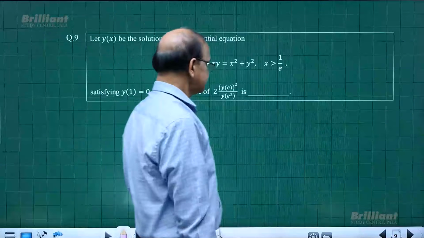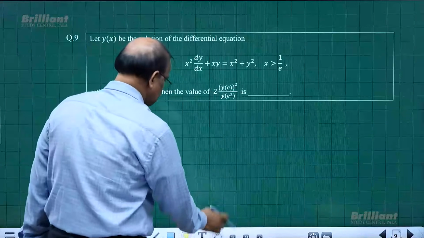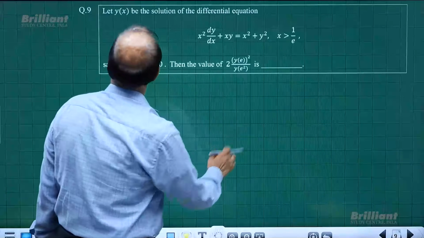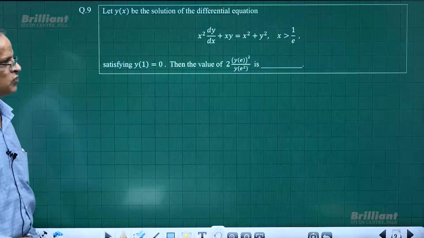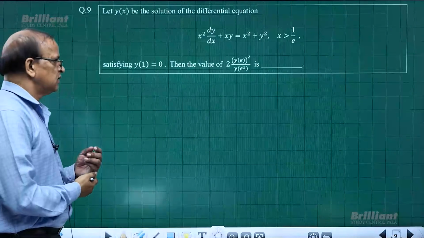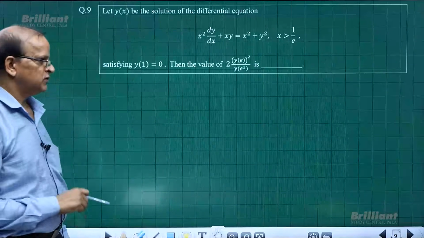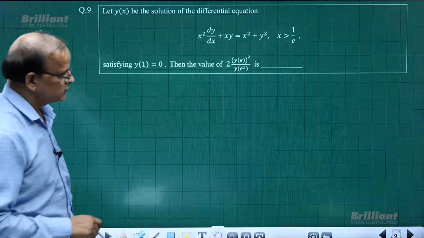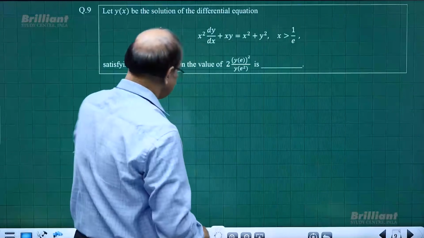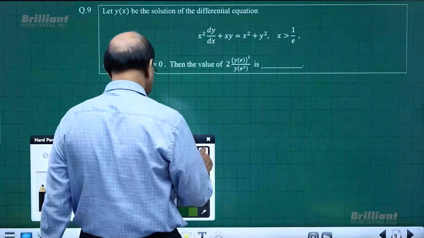So now, let y of x be the solution of the differential equation, with x greater than 1 by e, and satisfying y of 1 equal to 0. Now it is what? A homogeneous differential equation, right?